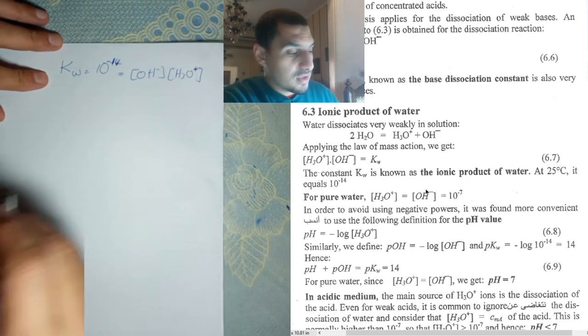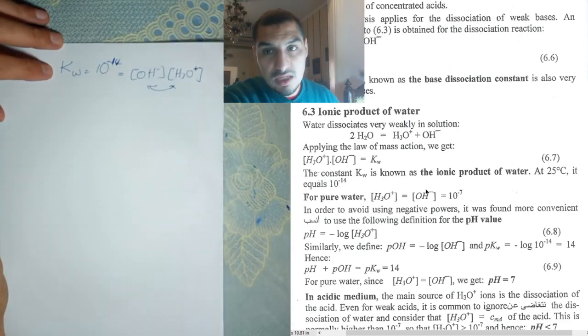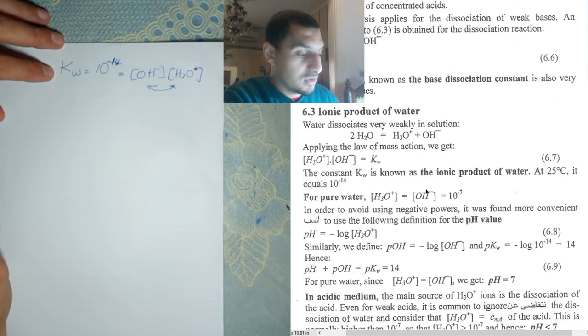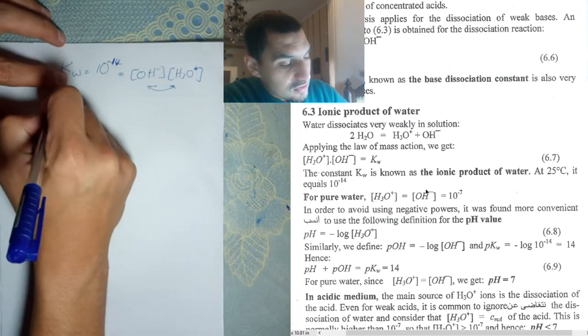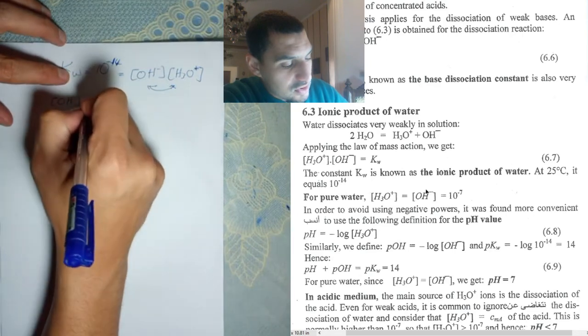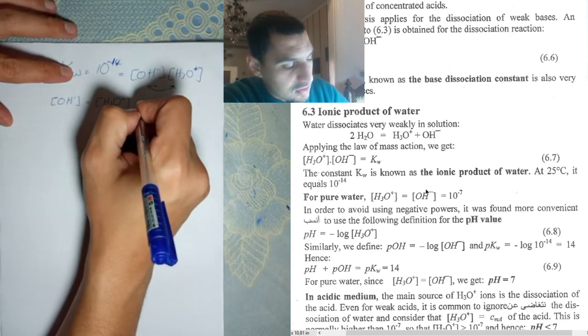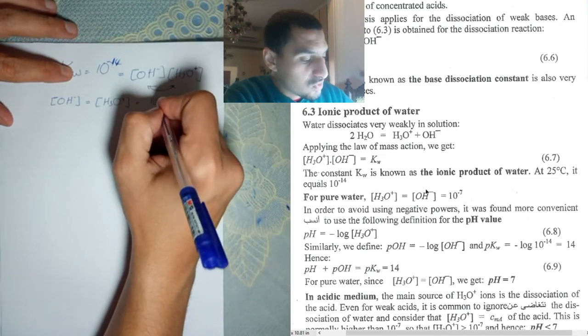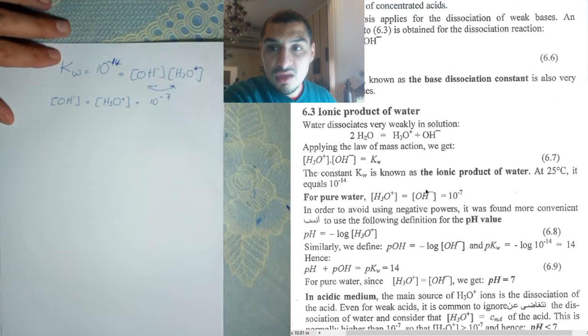And I know that these two have the same values from the stoichiometry of the dissociation of water. So I can say that the concentration of OH ions equals the concentration of H3O plus ions, which equals the square root of K, which is 10 to the minus 7.